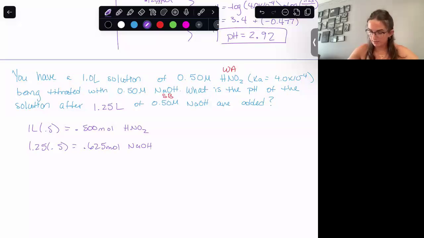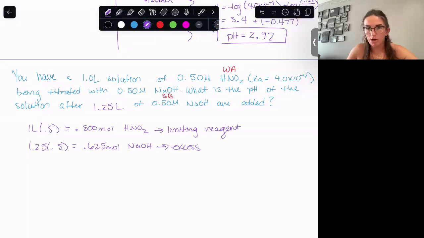Now in this case, this is in excess, and HNO2 is your limiting reagent. Right? So now you're going to use up all of your weak acid and just have NaOH left.